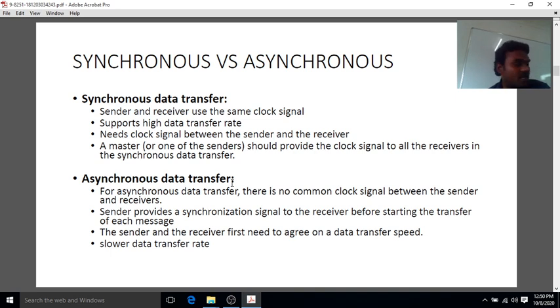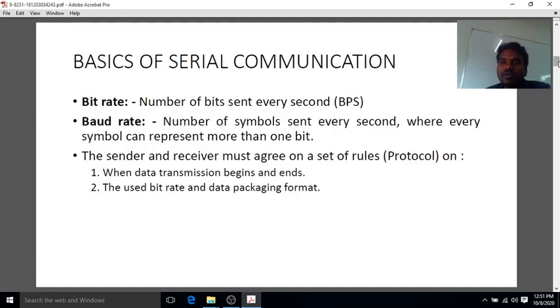Here the point is clear that the sender provides the synchronization signal to the receiver before starting the transfer of each message. The sender and the receiver first need to agree on the data transfer speed. Just now we discussed that the protocols have to be agreed by the transmitter and receiver.